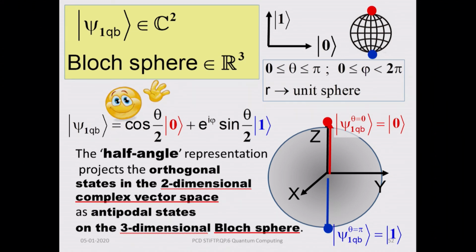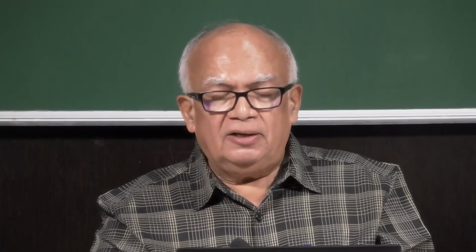So you have only two real numbers, theta and phi, and this is your representation of an arbitrary qubit. Okay? Thank you. I'll take some questions and we'll proceed from here in the next class.